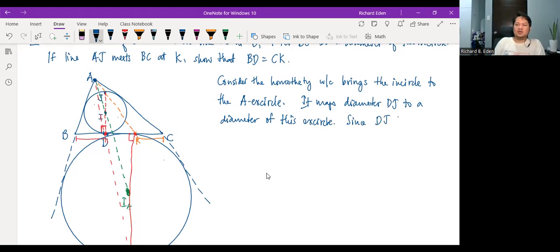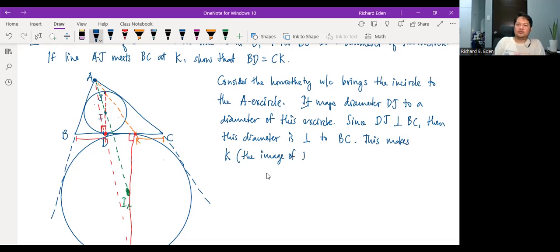Since DJ is perpendicular to BC, then this diameter is perpendicular to BC, and then this makes K, which is the image of J, the X touch point on BC.